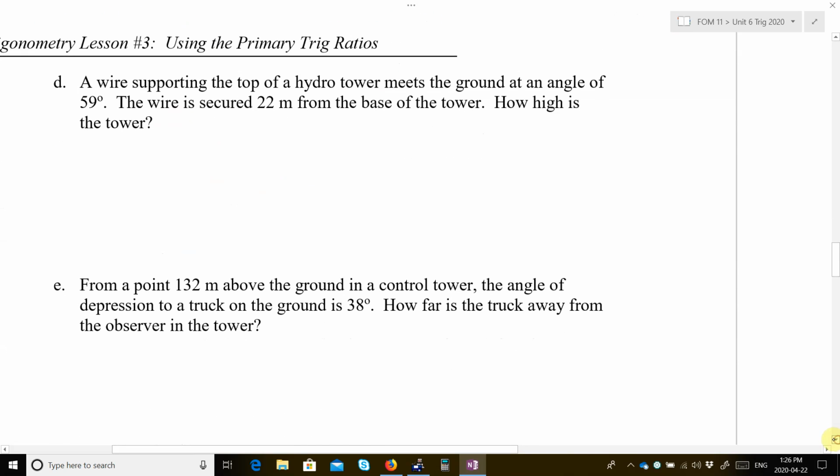Okay, let's get on to letter D. A wire supporting the top of a hydro tower meets the ground at an angle of 59 degrees. The wire is secured 22 meters from the base of the tower. How high is the tower? Okay, so we've got this wire that's sort of holding up this tower.